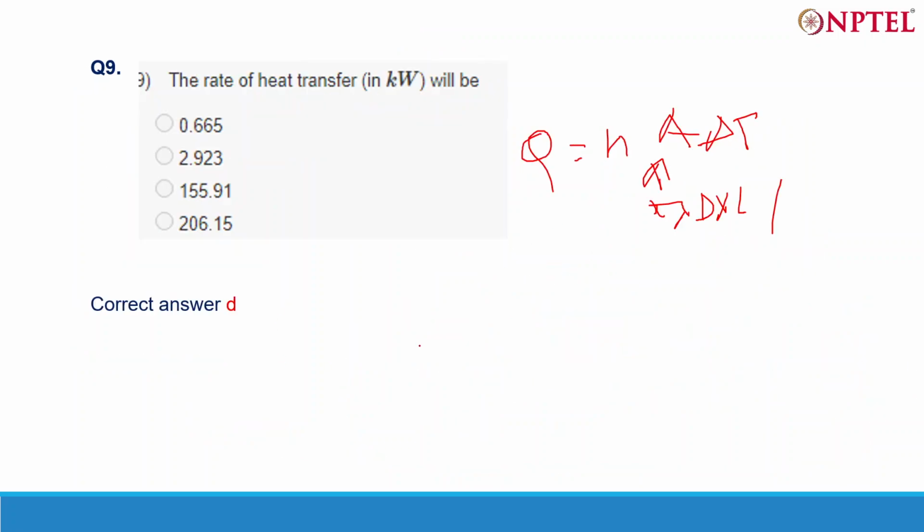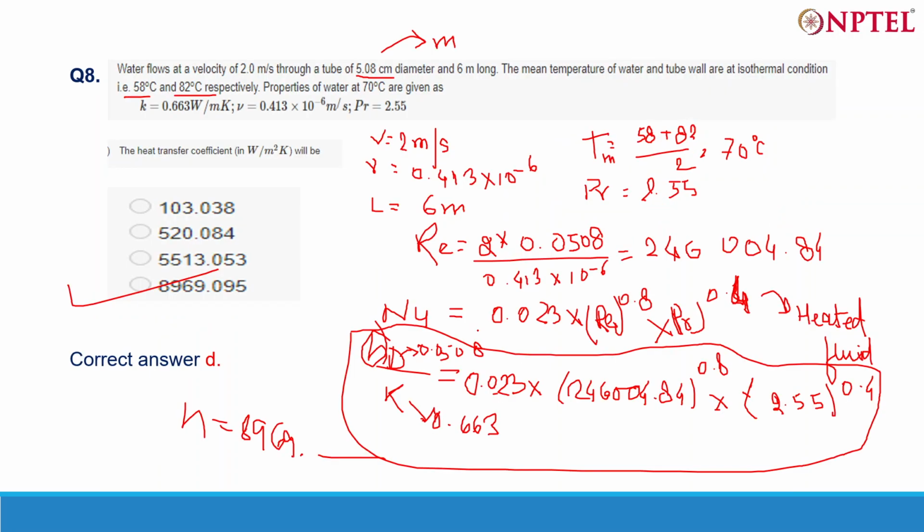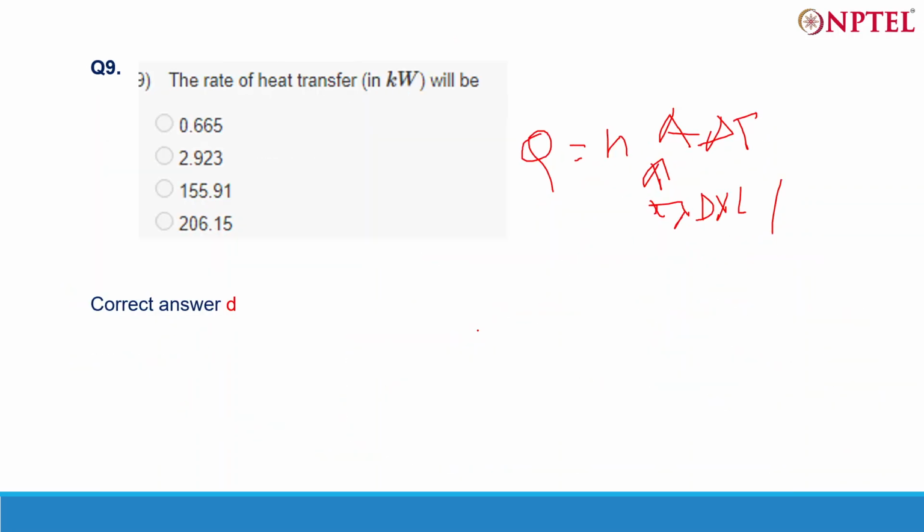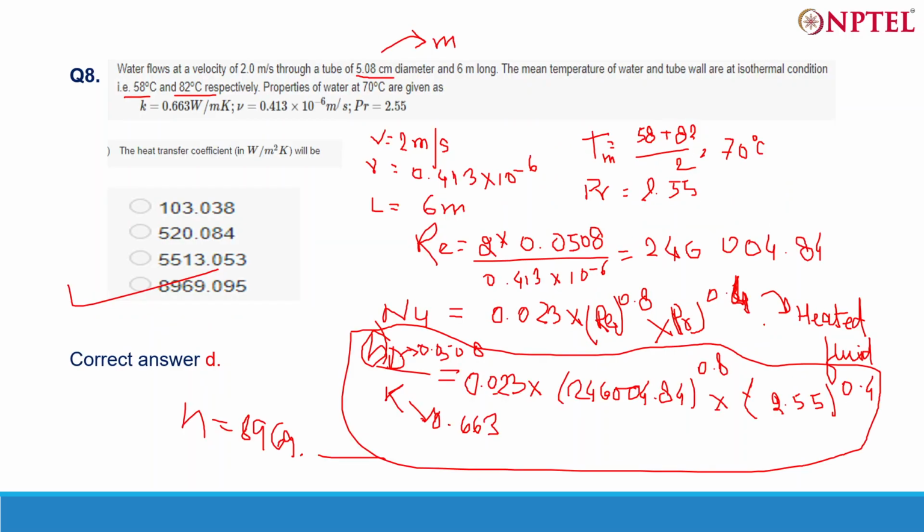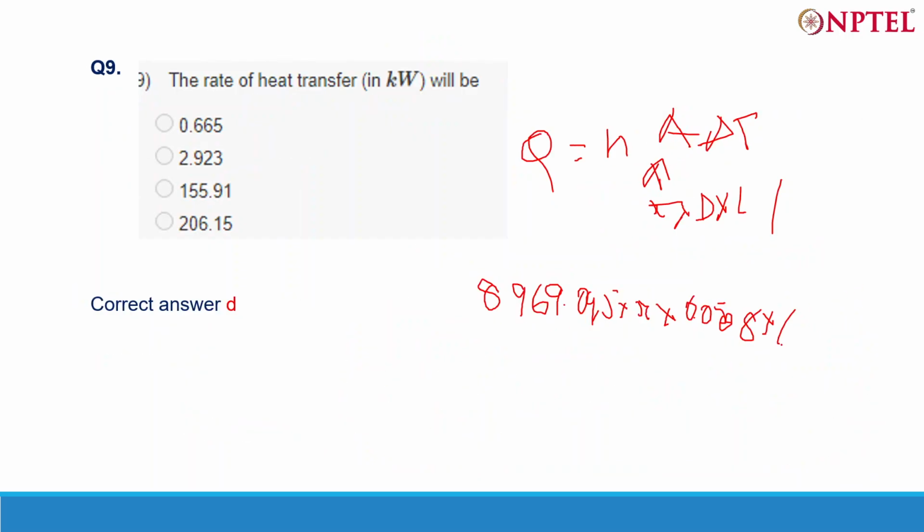So h value you have got is 8969.095, into pi into D, 0.0508, L is 6 meter, and delta T is 82 minus 58.